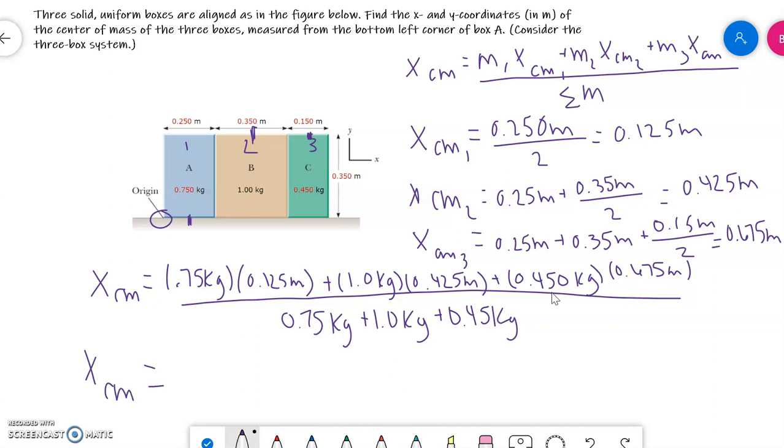And then we'll see what we get. So the x-coordinate of the center of mass is 0.374 meters.